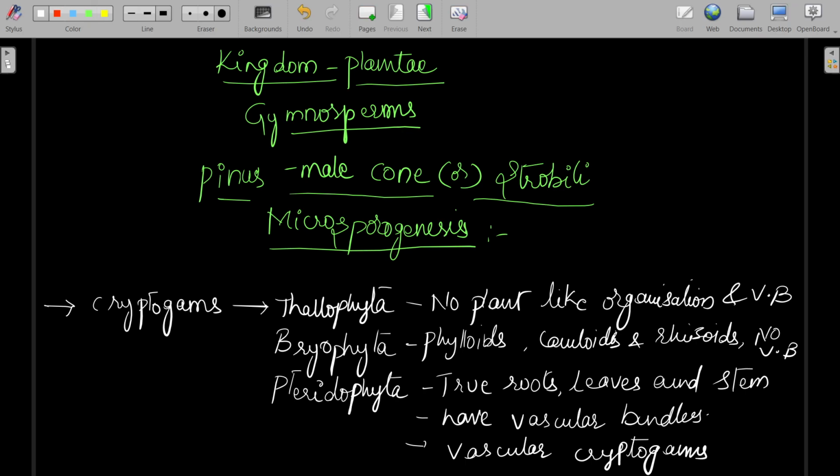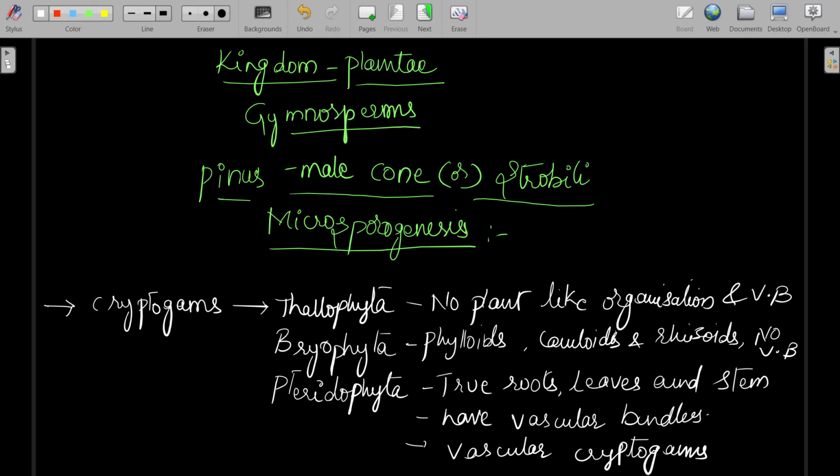So in the previous classes, we have learned about the cryptogams. Cryptogams are Thallophyta, Bryophyta and Pteridophyta. In Thallophyta, no plant-like organization is seen and they do not have any vascular bundles. In Bryophyta, they have plant-like organization, but with phylloids, caulloids, and rhizoids, and they do not have any vascular bundles. Pteridophyta have true roots, leaves, and stem.